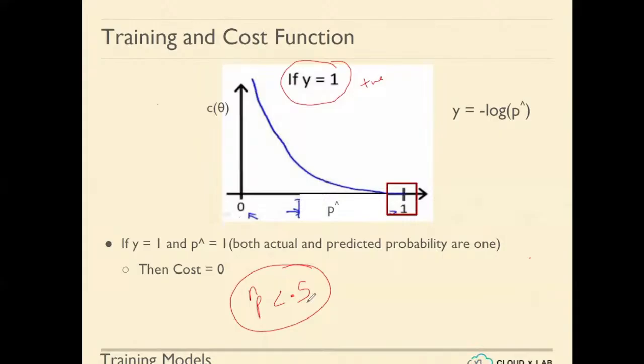Because for positive, p hat will be greater than 0.5, and for negative, p hat will be less than 0.5, right? So if that point actually belongs to the positive class but the model is saying negative, which means p hat is less than 0.5, then if you compute minus log p hat, you will get a very high loss, right?